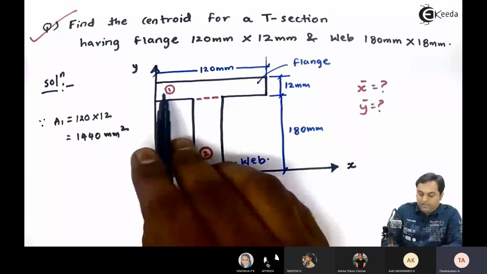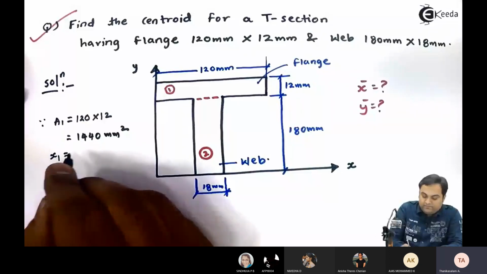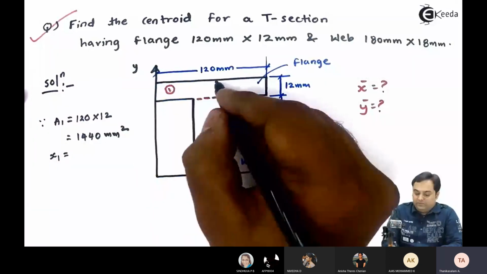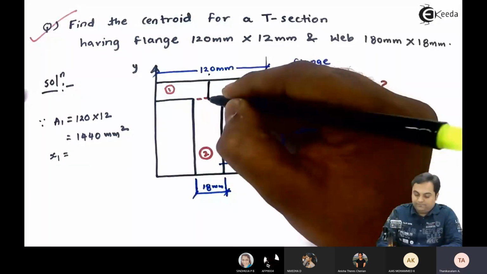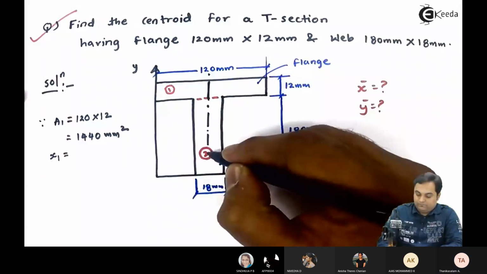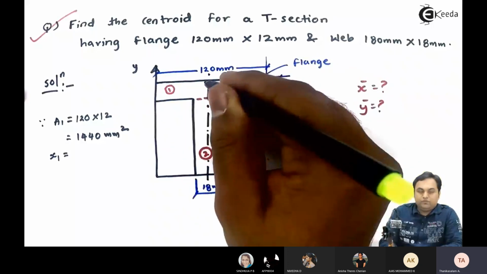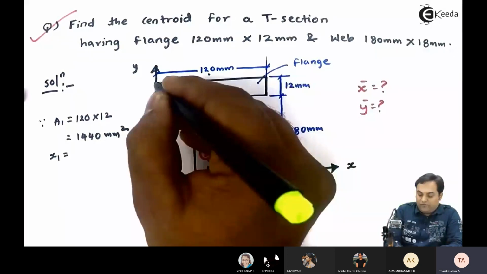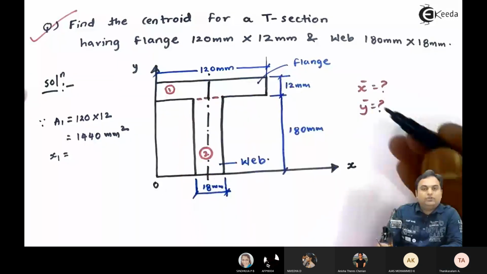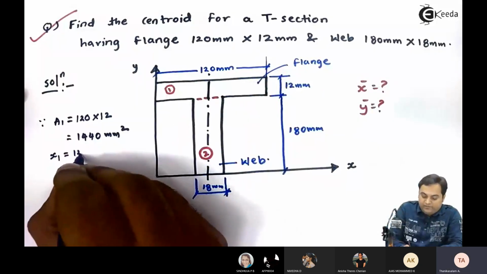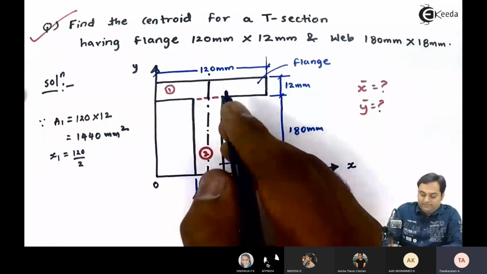If I want to calculate for the first rectangle, what is x1? x1 is the location of the centroid along the x-axis for the first rectangle, at half of 120. Then I define y1 for the first rectangle.